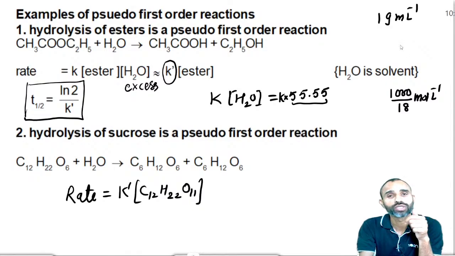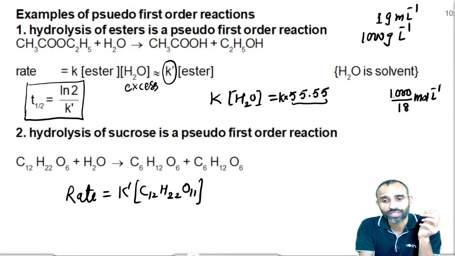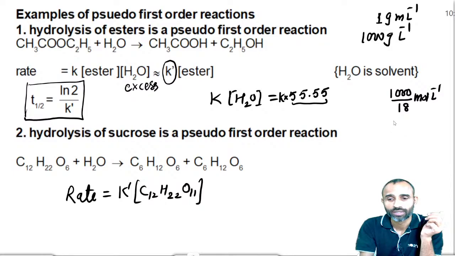Water is taken as 1 gram per ml, that is 1000 gram per liter. 1000 divided by 18, that is mole per liter, comes out to be 5.55 mole per liter.